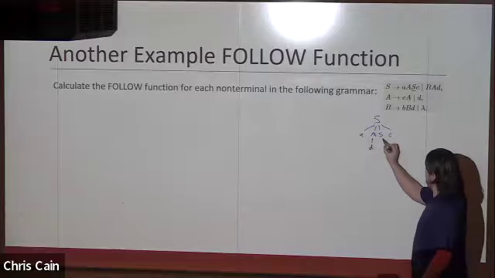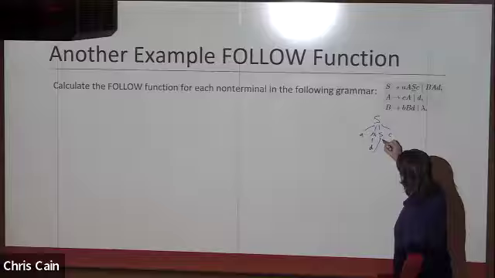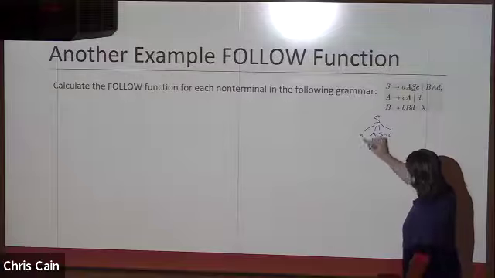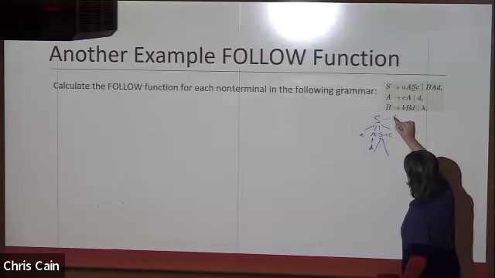So here we have an S where after we expand this to be whatever it is, what follows it is a C. And here, when we depth first search this and return to this S, what follows it is dollar.